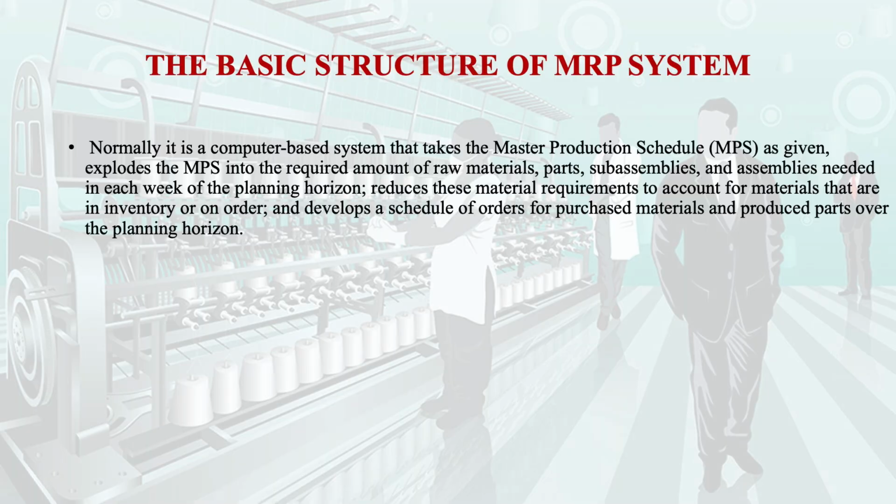Through computer software, we take the production schedule and explode the MPS into the required amount of raw material, parts and subassemblies needed in each week of the planning. Then we reduce these material requirements to account for material in inventory or on order, and develop a schedule for purchasing material or producing parts over the planning horizon.